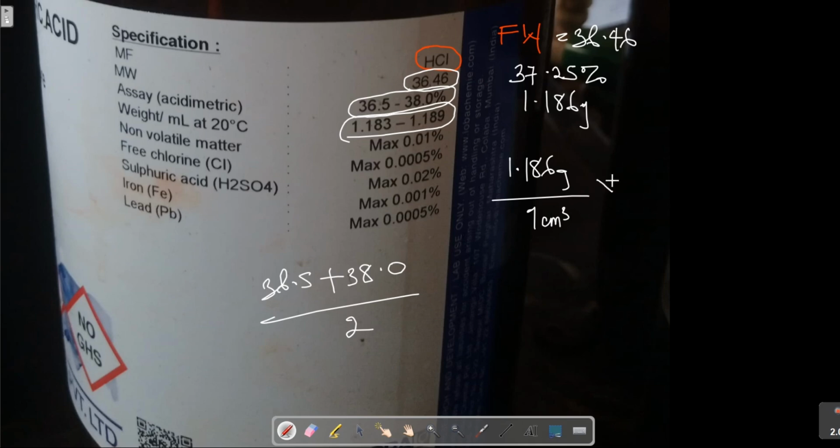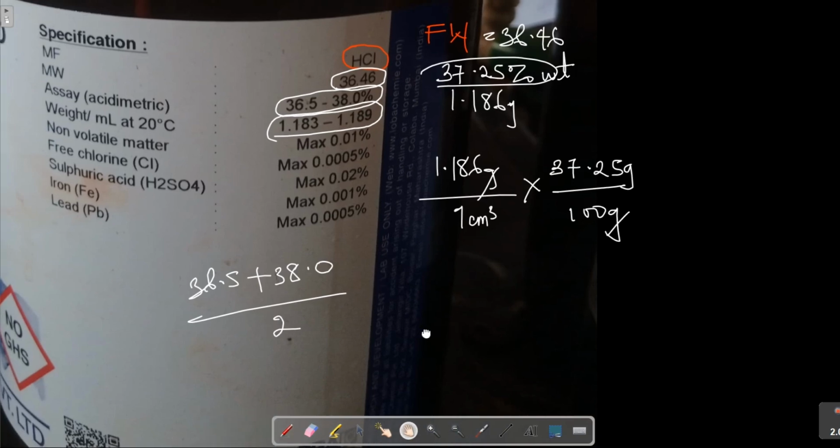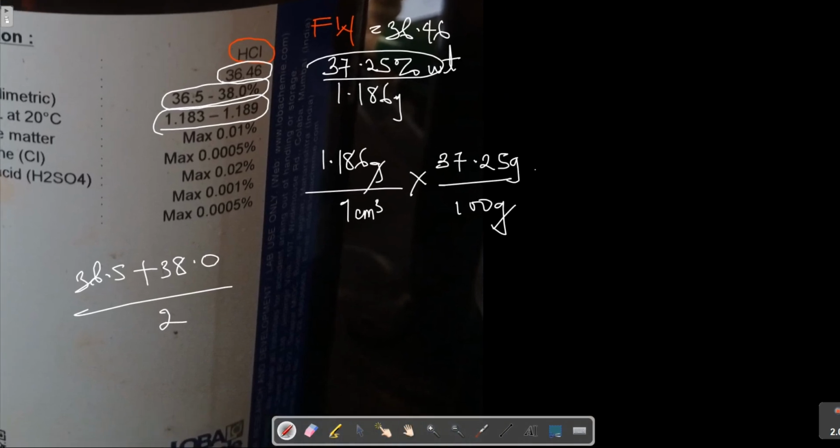Okay, so as usual, you multiply it with the percent concentration. Take note, it's always over 100 percentage, which is 37.25 over 100 grams. All right, because this is the percent weight of the acid. That's why it is in grams. Okay, so you multiply this together, you will have 44.1785 grams over 100 cm cube.